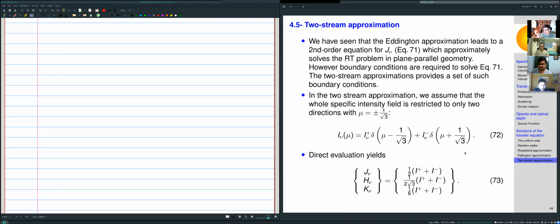But I think that your question is on why this angle specifically. Why do we choose this angle specifically? And we also say that it covers the entire radiation field. So first we choose this angle, and then we also add that these two angles cover the entire radiation field. Why?